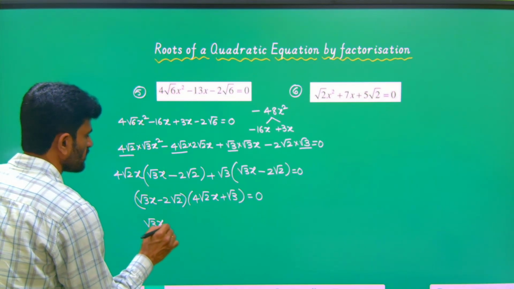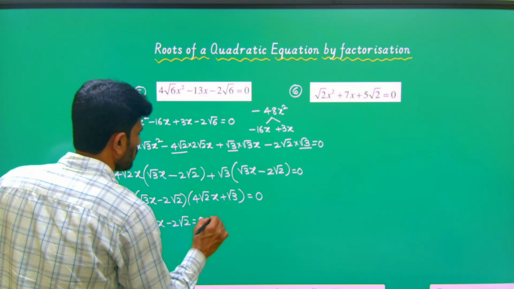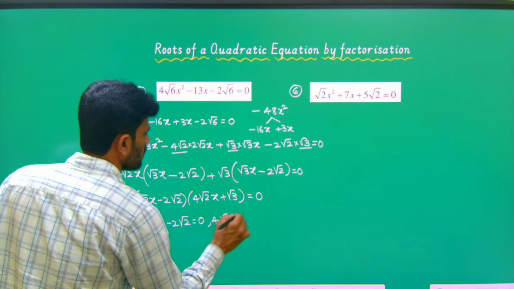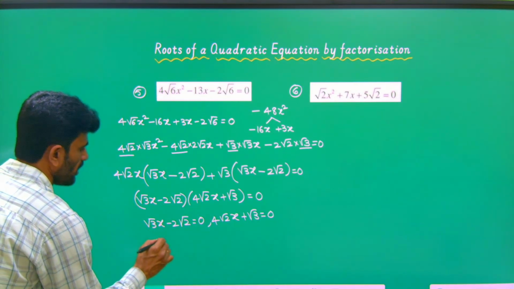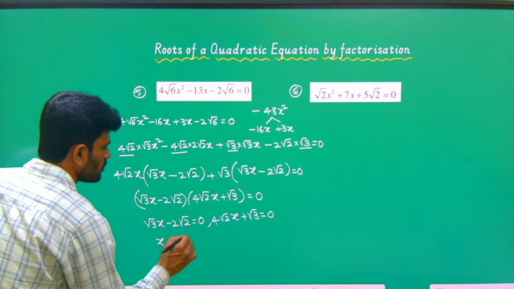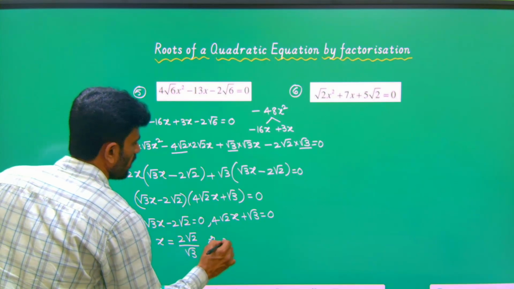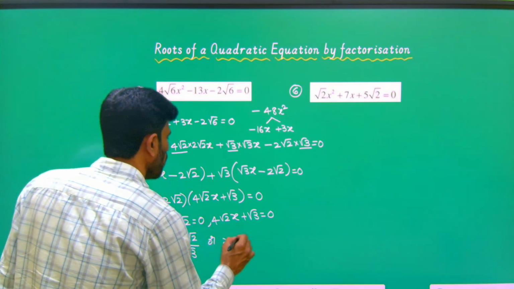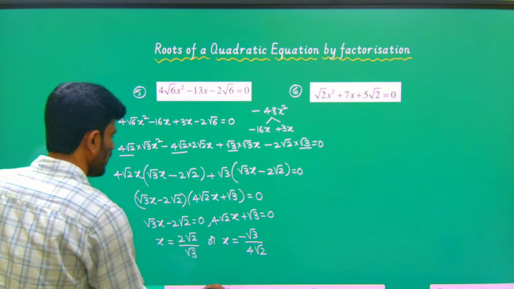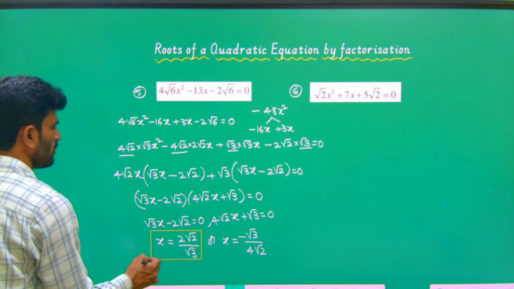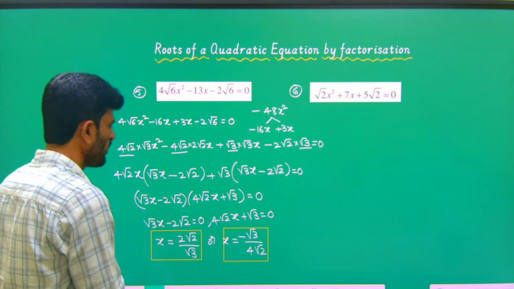One time root 3x minus 2 root 2 is equal to 0, another one 4 root 2x plus root 3 is equal to 0. Now x is equal to 2 root 2 by root 3, or x is equal to minus root 3 by 4. So in this way we get two roots of the quadratic equation by the factorization method.